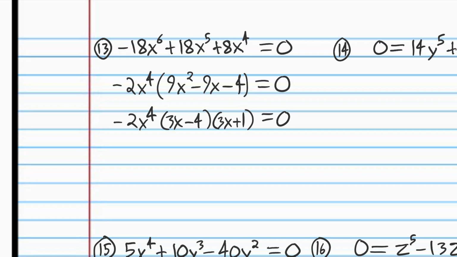So O of FOIL is 3x. Again, we only have to check O and I of FOIL. We don't have to check F and L. And I of FOIL, inside, is negative 12x. And 3x minus 12x is negative 9x. So I got lucky. My first try was correct. So that's the correct factorization, and so we break it up into parts, into equations.